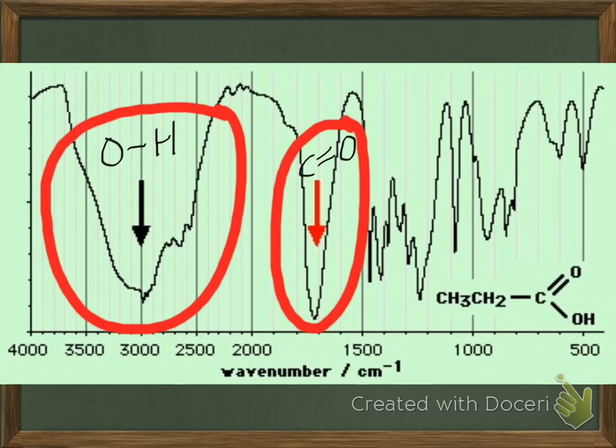It's a very, very broad band. It has completely eclipsed the CH stretches, and whenever you see that on a spectrum, you know that you've got an OH bond present.